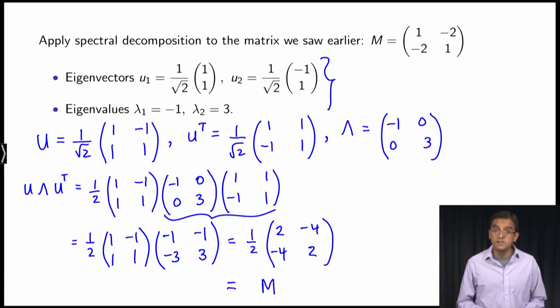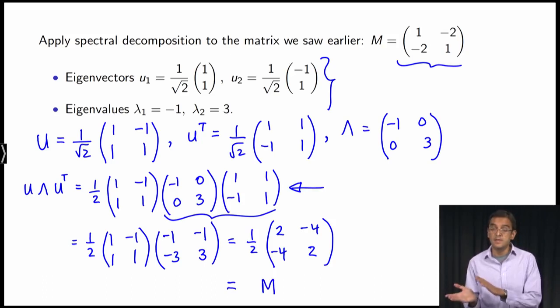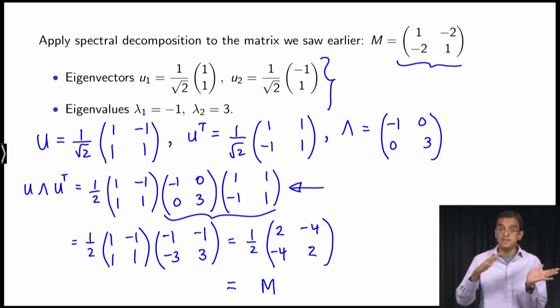Okay, so we had this matrix M, and we were able to rewrite it in this intuitive way in terms of these 3 elementary operations: a basis change, a scaling, and moving back to the original basis. Okay.